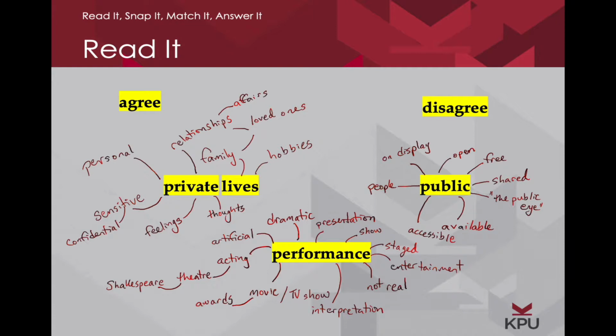You also might think of performance as artificial or dramatic, or a presentation, a show, something staged, entertainment, not real. You might also think of movie, TV shows, awards, and you might also think of interpretation, because performances are often interpretation. These are the keywords that resonate with me as I'm initially applying the strategy to think about what these words mean. So that's the read it part.